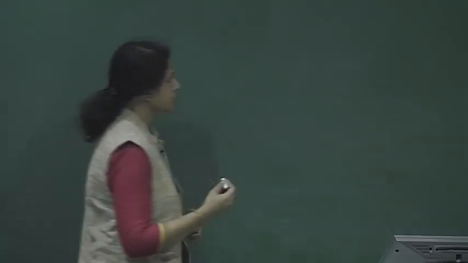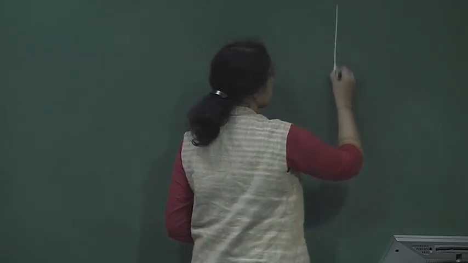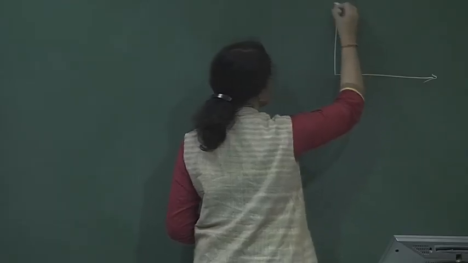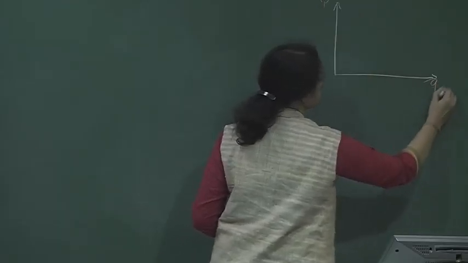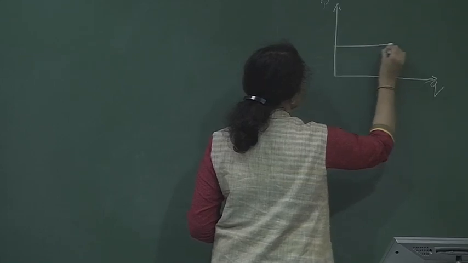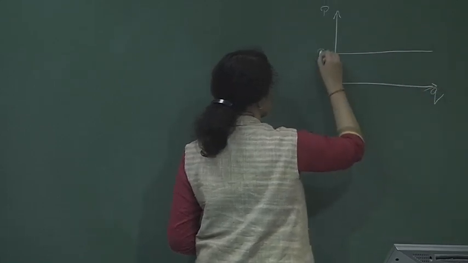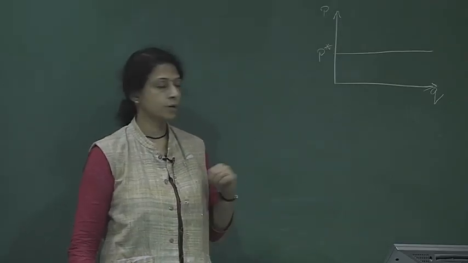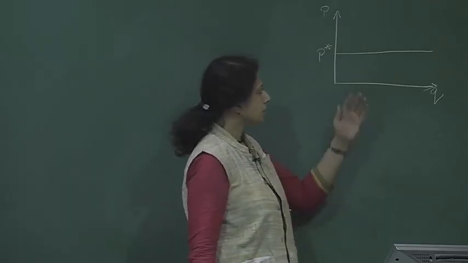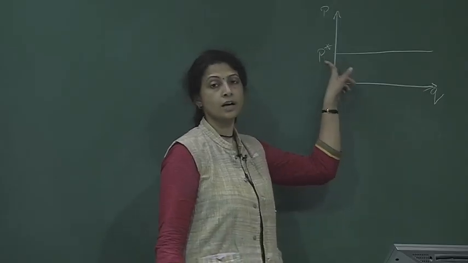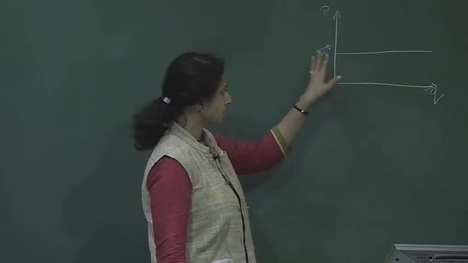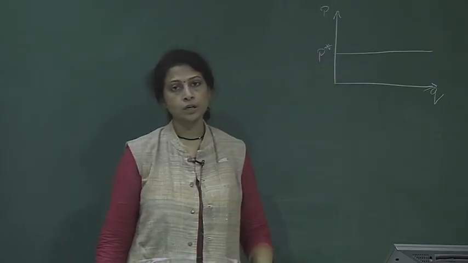If you may remember from our discussion on perfect competition, we said that the perfectly competitive firm faces a demand curve which is horizontal. When it enters the market, it knows that it cannot charge any price other than P star, and it knows that at this price any amount could be sold in the market.